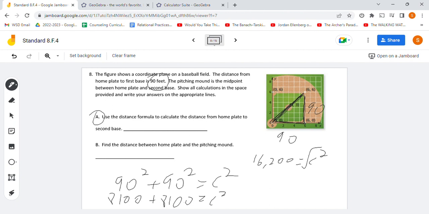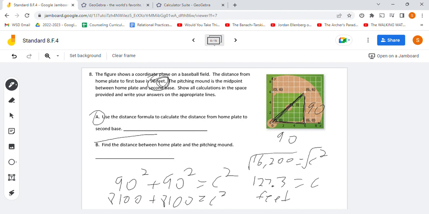Finish this out by taking the square root of both sides, and we end up with a measure of 127.3. That, of course, is a rounded version of the decimal for our c. And the units on this one are feet. So that's going to be 127.3 feet.